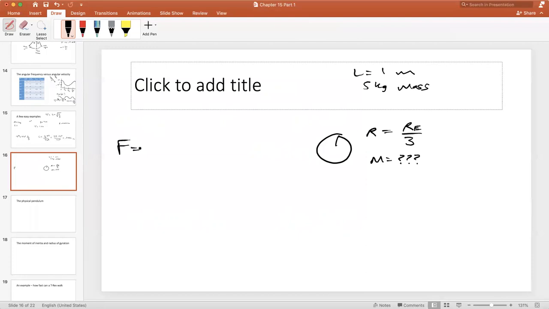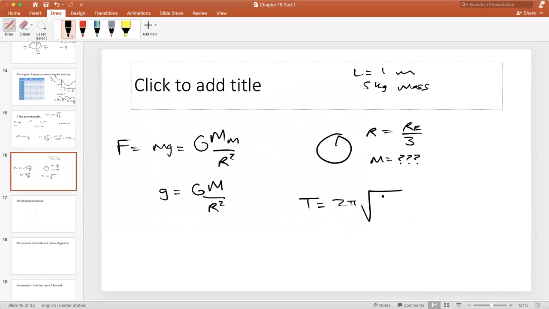Remember that the force of gravity, mg, is equal to GMm over r squared. So here we know that our g is actually GM over r squared. Our pendulum has a period of 2 pi square root of L over g. Therefore, if we wanted to find the mass, we could square everything.